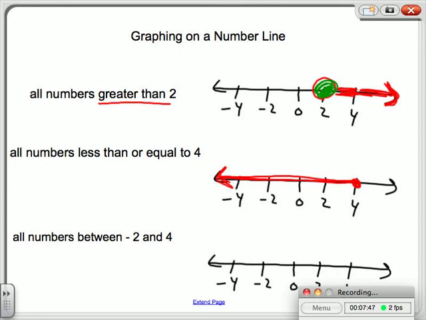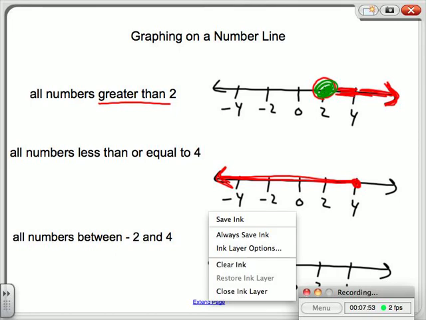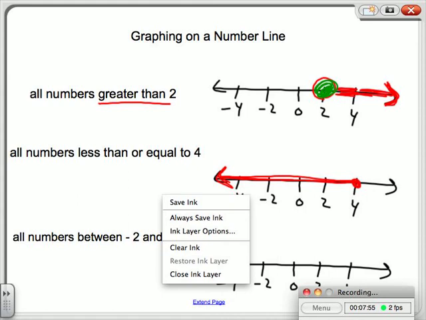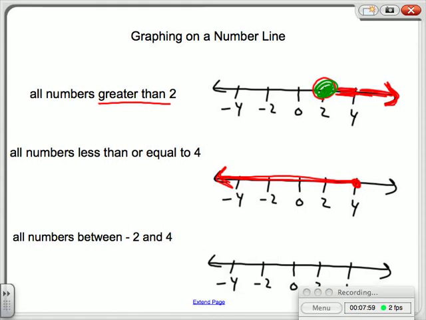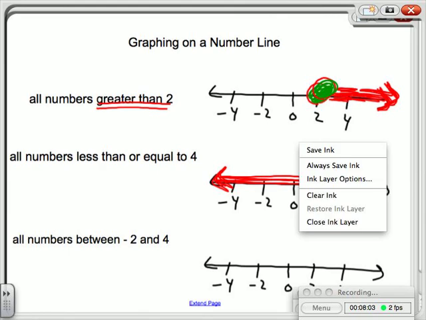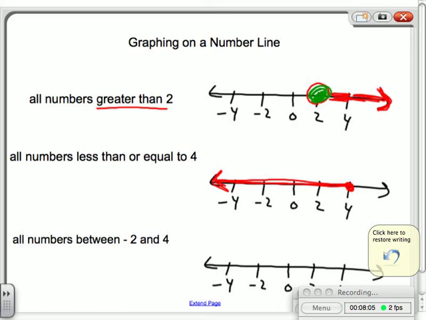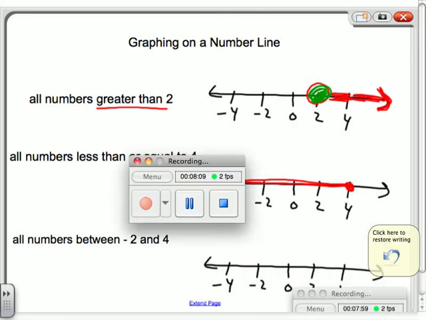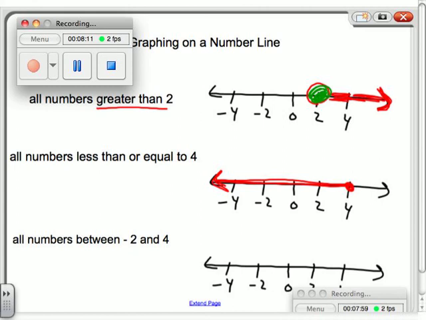Another possibility could be all of the numbers between negative 2 and 4. Everything between negative 2 and 4 should be included.